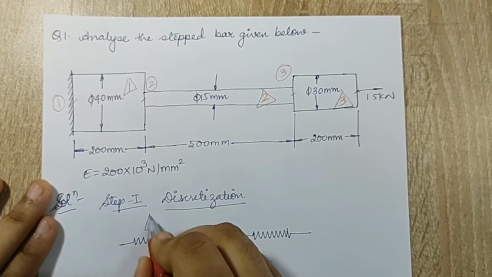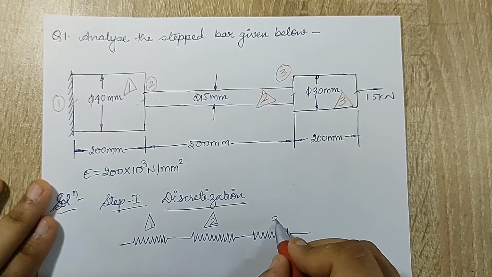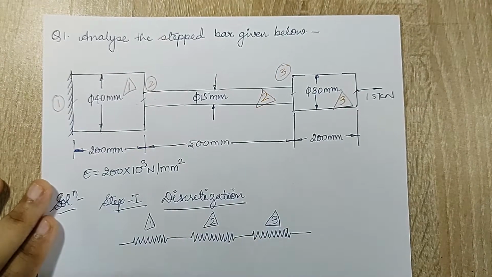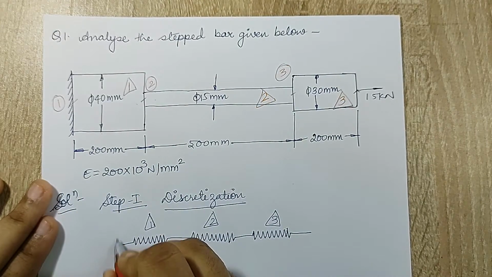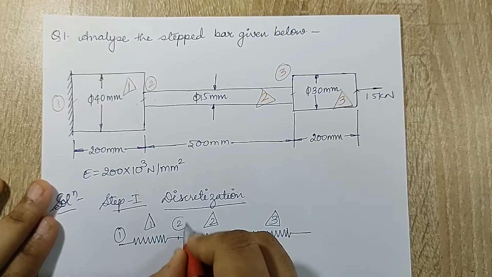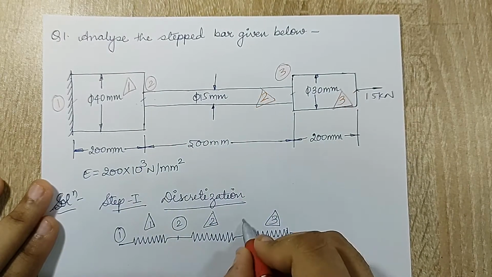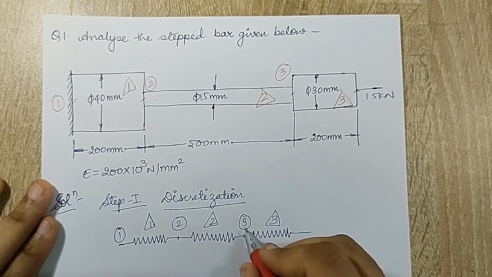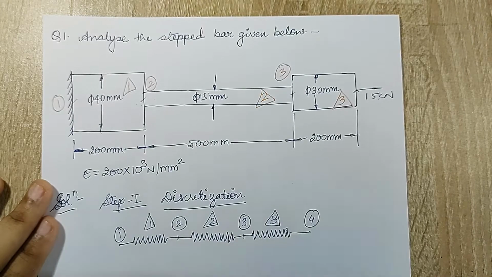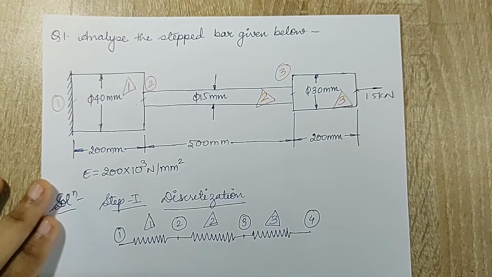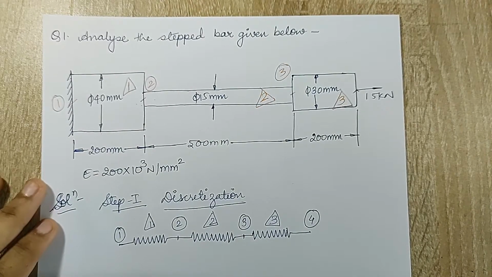So this is my element 1, 2, 3. Element 1 is between node 1 and 2, so I'll mark node 1, node 2. Element 2 is between node 2 and 3, so 2 and 3, and element 3 is between node 3 and 4. So this is how the discretization diagram is supposed to be made.